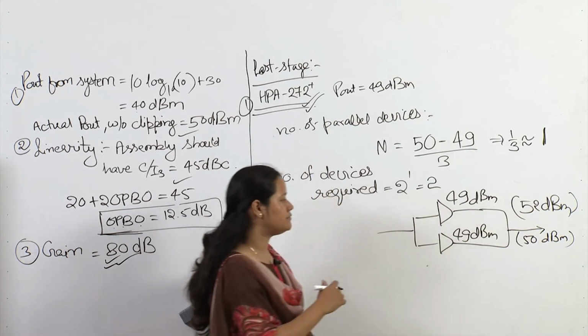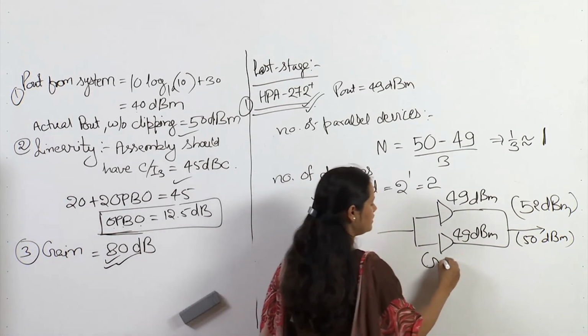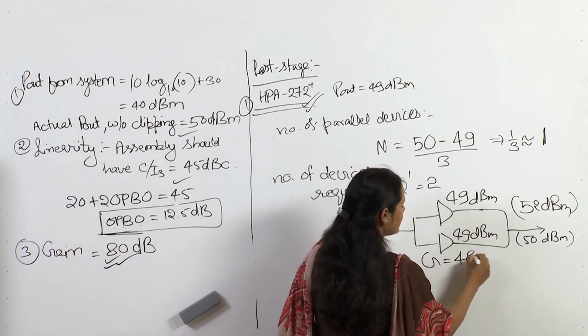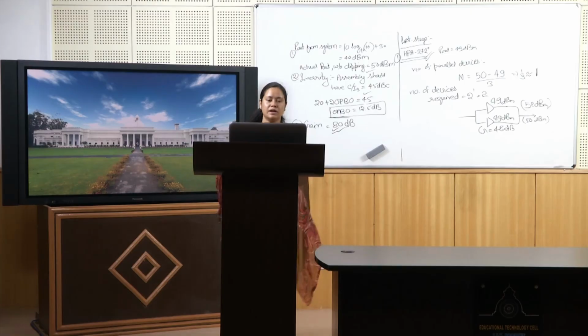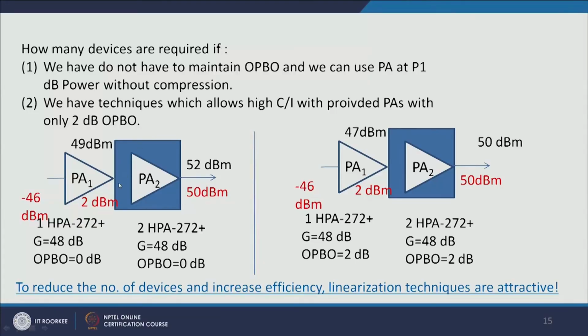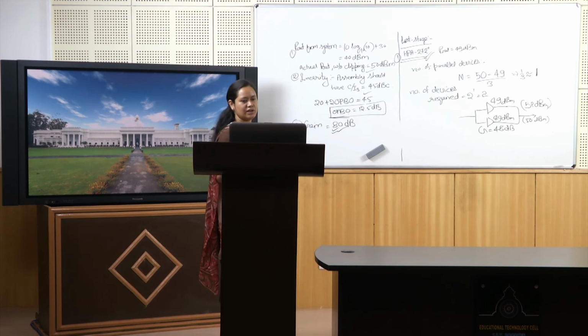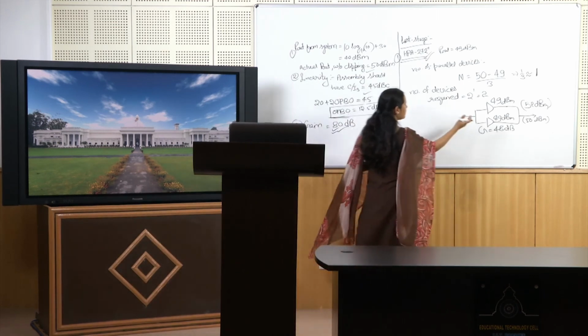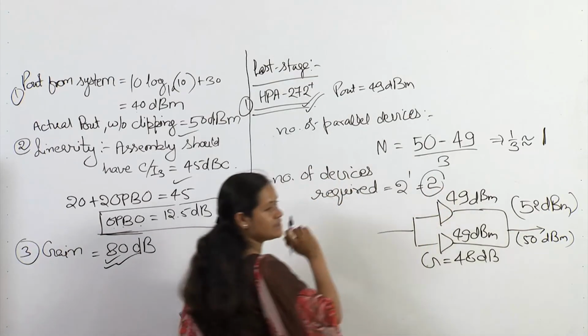Now based on that we can do our next calculations. Again we require 2 dBm power here, and our device which can provide 49 dBm power, actually only one of that is sufficient here. So, basically from 32 devices we come to only 2 devices at the output stage.